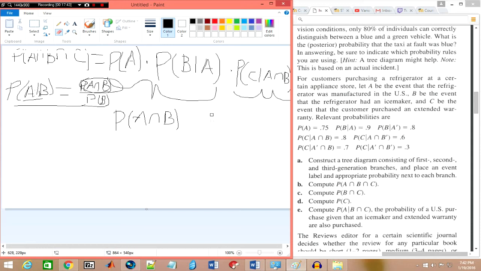Man, y'all see how hard my work is? So this is probability of C intersect A intersect B divided by the probability of A intersect B. Oh, I see why it works.